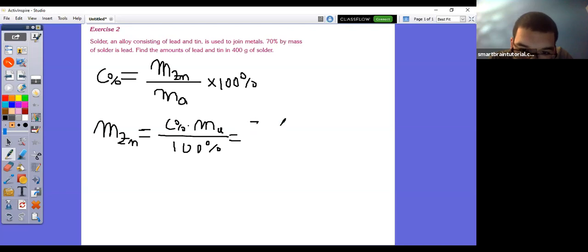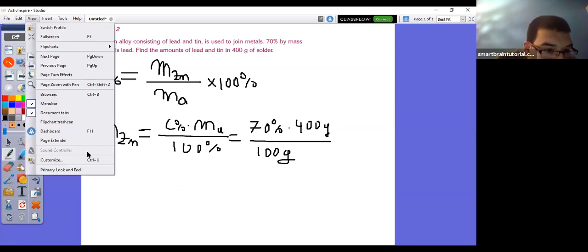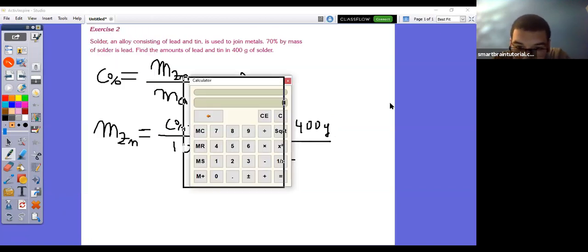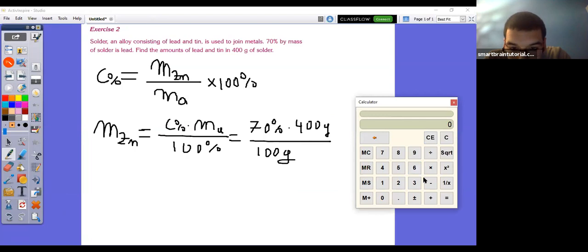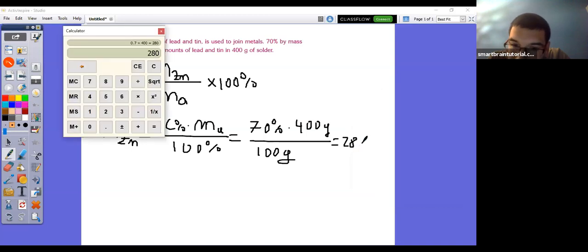The percentage is 70%. The mass of alloy is 400 over 100. 0.7 times 400 will be 280 grams of lead.